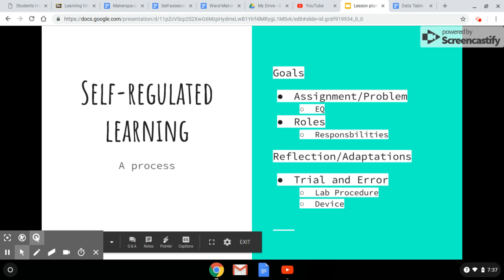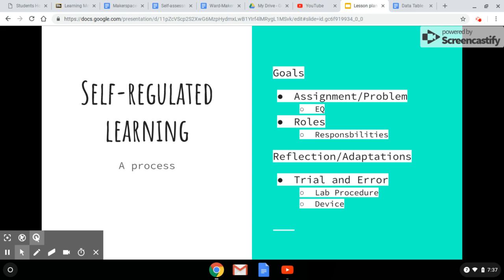And finally, the self-regulated learning. I think that this lesson really plays into that, because students have goals at the very beginning. They have an assignment, they have a problem, they've reviewed their essential question, they have individual roles and responsibilities. So students setting goals to complete this task is part of that self-regulated learning. And throughout the whole entire process, students are reflecting, making adaptations, making changes to their devices so that it works.